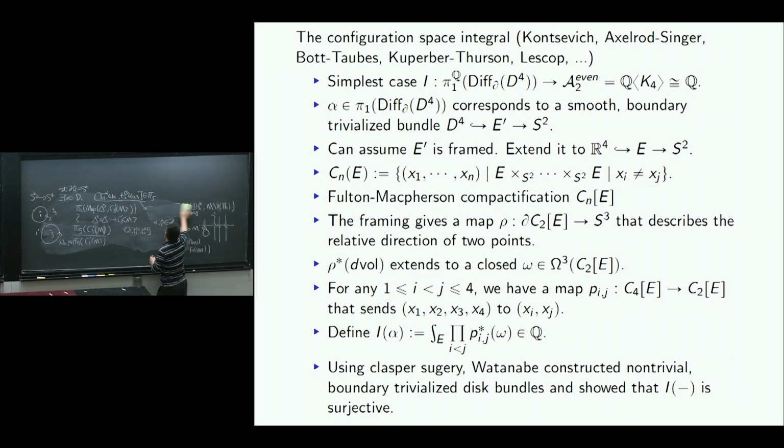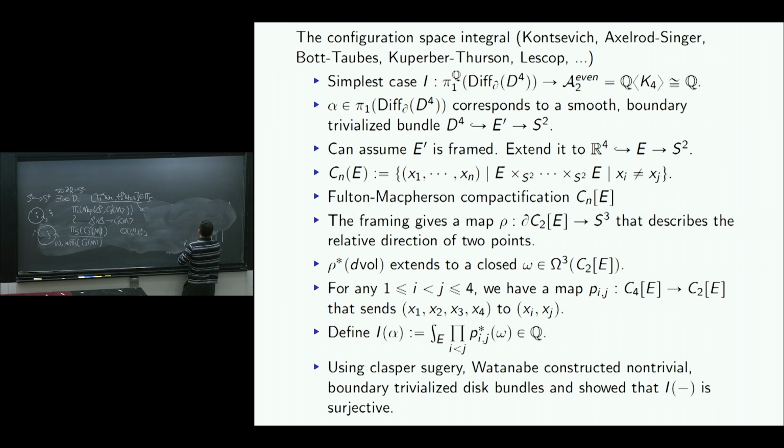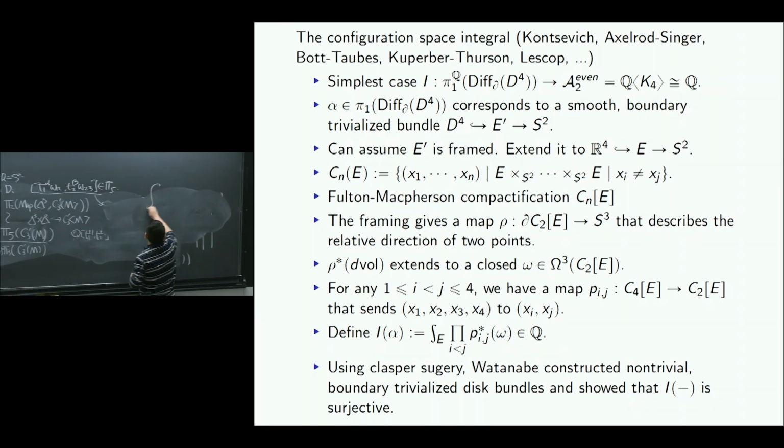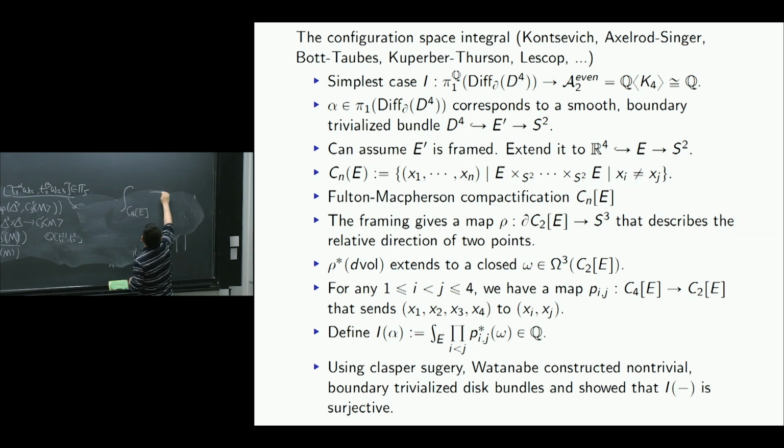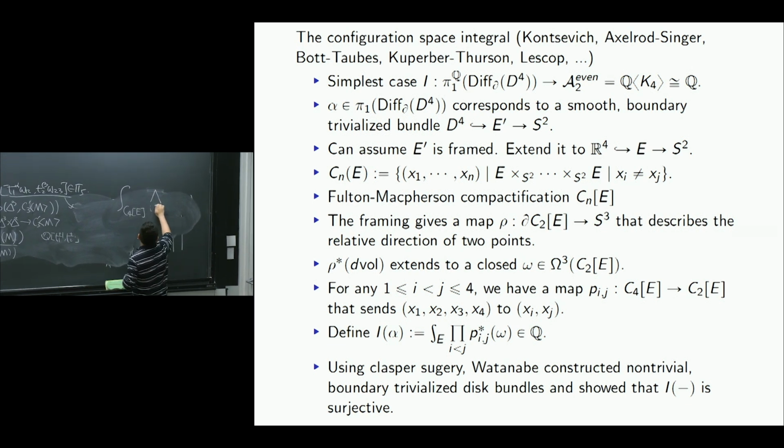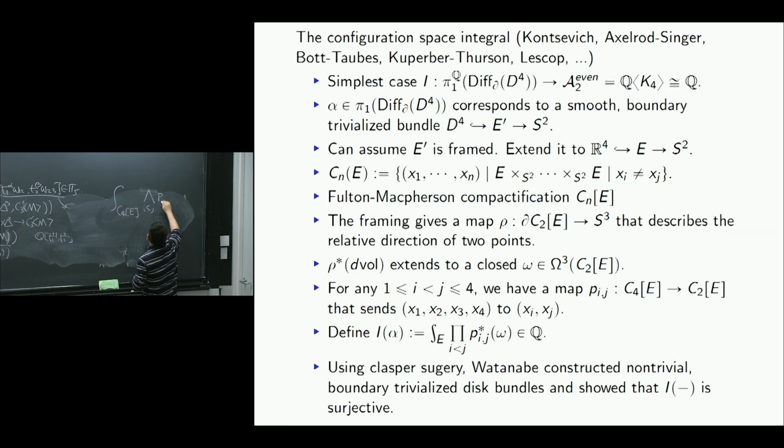We are integrating not over E, we are integrating over the configuration space C4 of E. Okay, we are doing this integration. This should be integrated over the whole configuration space.